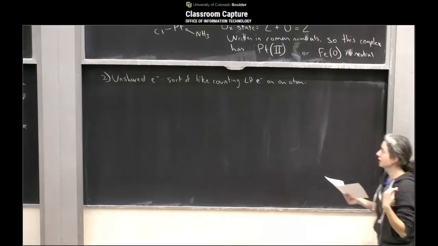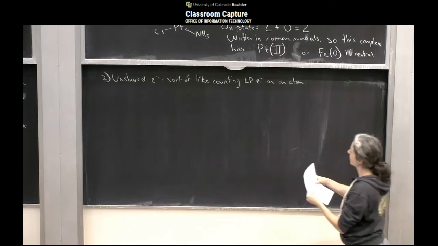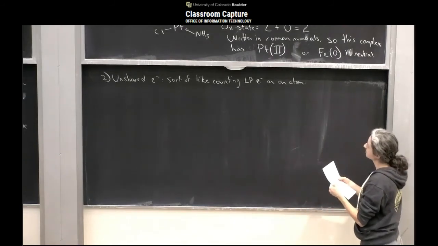Whether you actually count them as lone pairs or not is a little bit iffy. In mechanisms where we've used transition metals before, like oxymercuration, we just showed a lone pair on mercury. Debatable, but there's still unshared electrons on the metal is what we're looking at here.